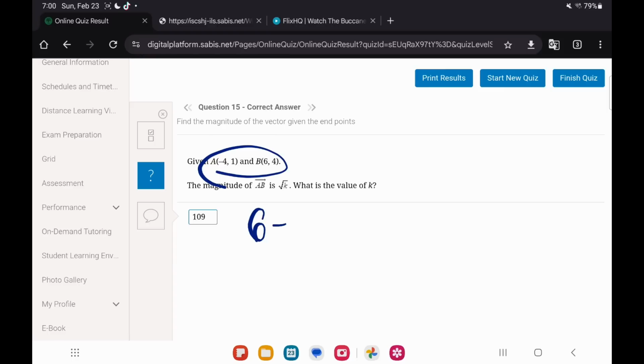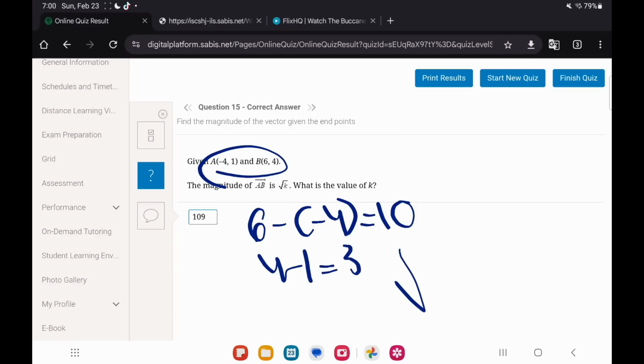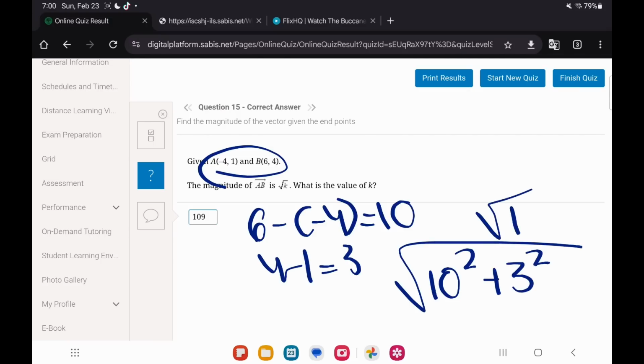So 6 minus 4, we get 10, and 4 minus 1, you get 3. So the Pythagoras theorem of 10 squared plus 3 squared, and you get radical 109. So they only want k, which is under the radical, so it's 109.